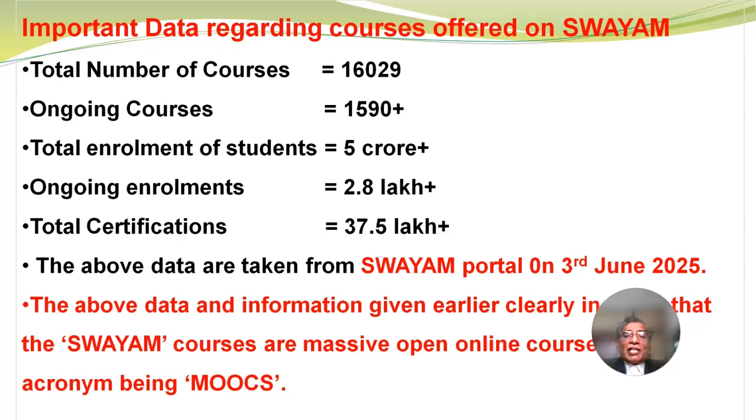The above data are taken from SWAYAM portal on 3rd June 2025. The above data and information given earlier clearly indicate that the SWAYAM courses are massive, open, online courses. The acronym being MOOCs. Massive, open, online courses, MOOCs.